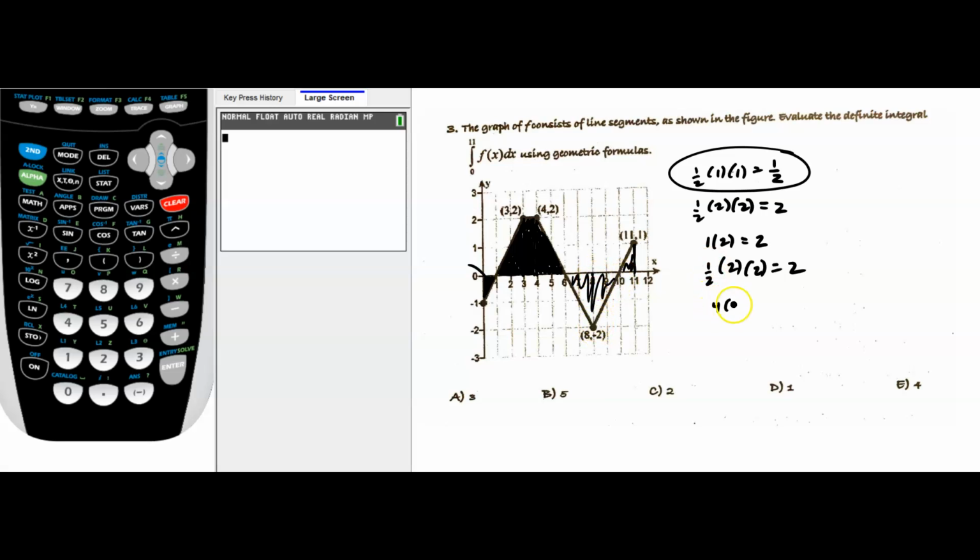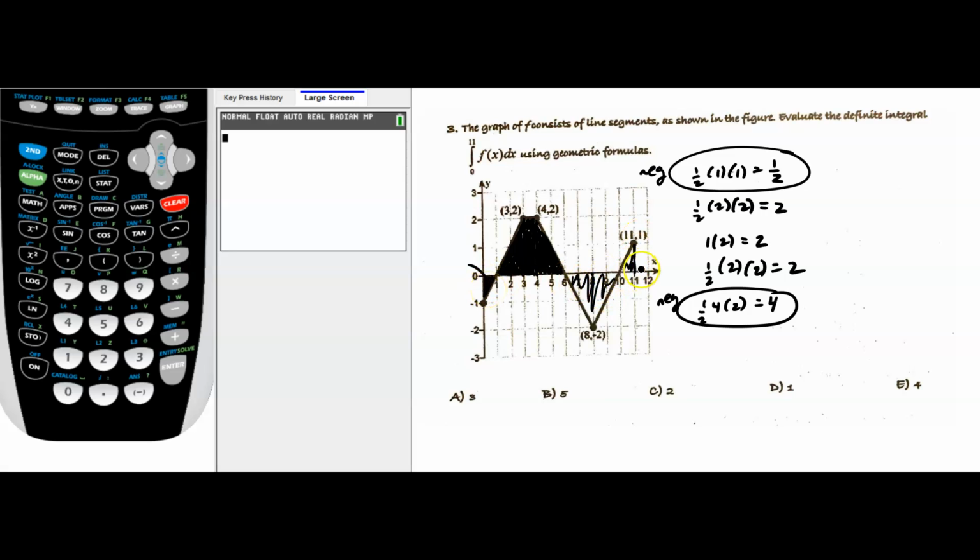So if I say 4 times 2, I get 8. Oh, I'm doing half of 4 times 2. And half of 4 times 2 is going to just give me 4. But again, that's going to be negative, as is that very first triangle. So the first triangle and then this triangle are producing negative contributions to my definite integral.